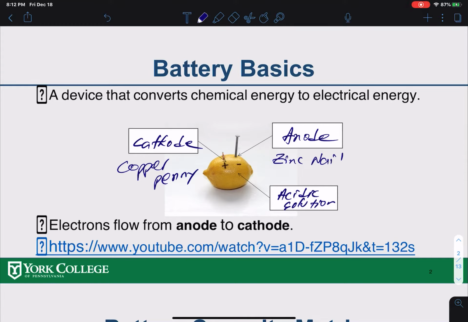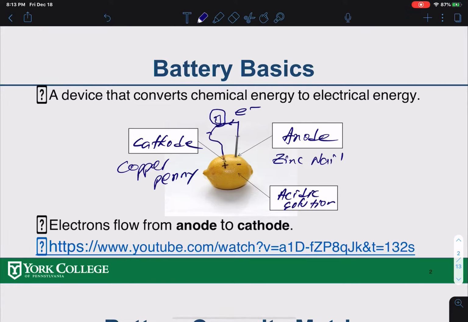So if you make a connection from zinc to the copper through a light bulb, then electrons will go from your zinc to copper.